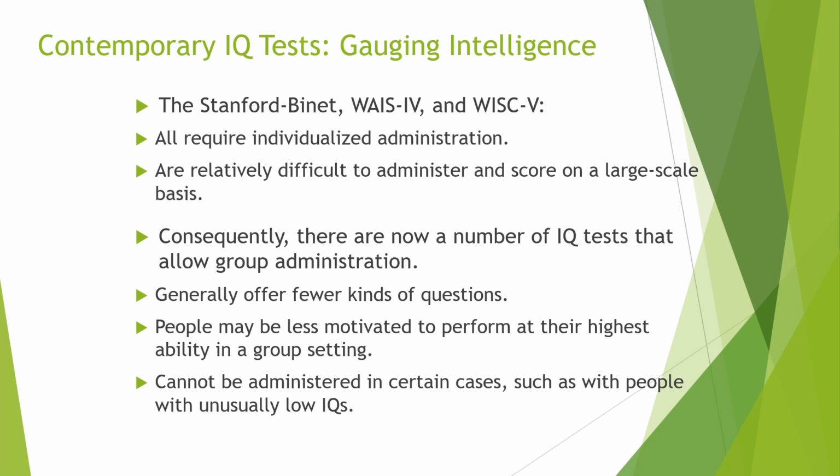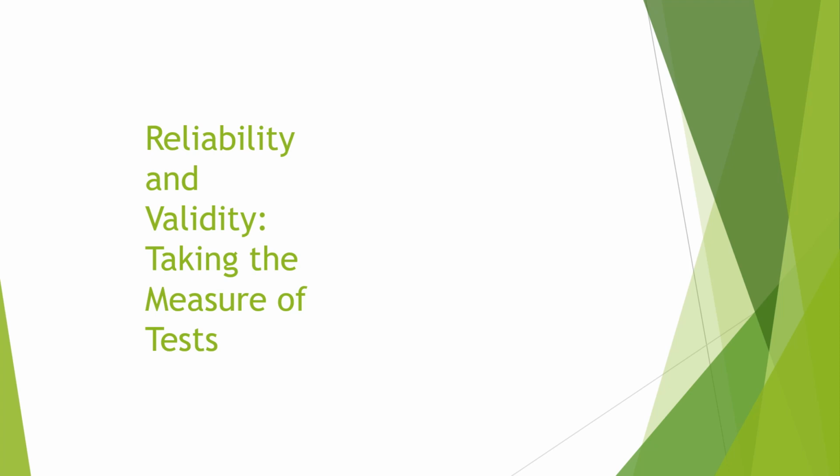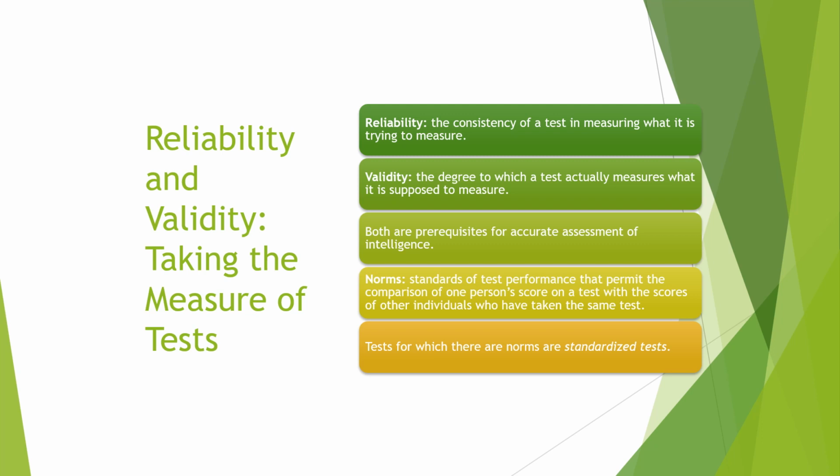Now, I want to switch gears a little bit, and I want to talk specifically about an IQ test, and why I wanted to discuss what we mean by reliability and what we mean by validity. So first off, reliability is the consistency of a test in measuring what it is supposed to measure.